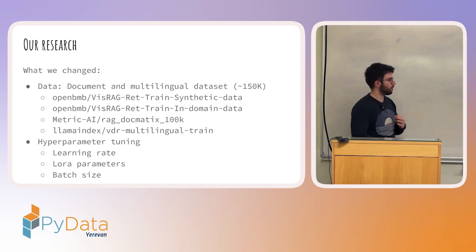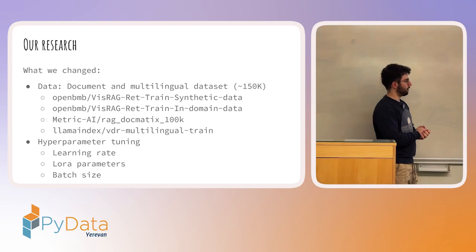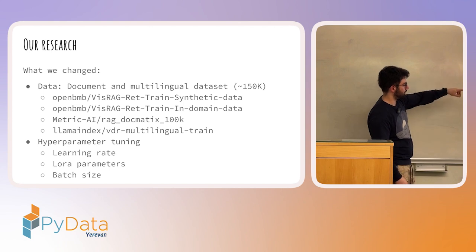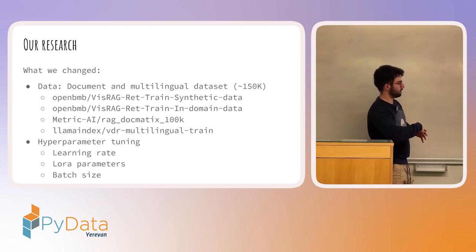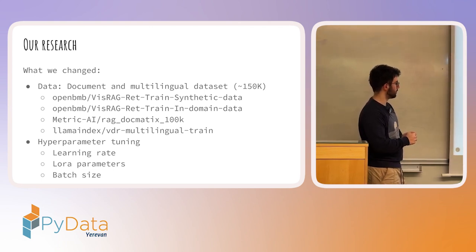That's why, to improve overall model performance, besides taking the ColPali dataset for training, we also added a couple of datasets with documents that have a lot of text. We added around 150K query-image pairs.